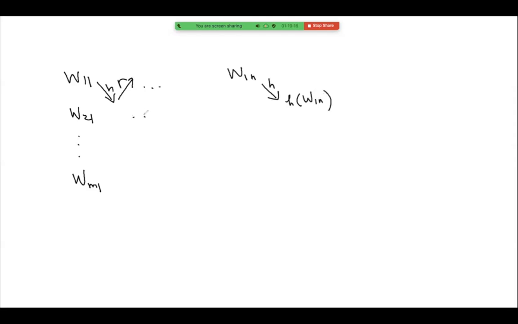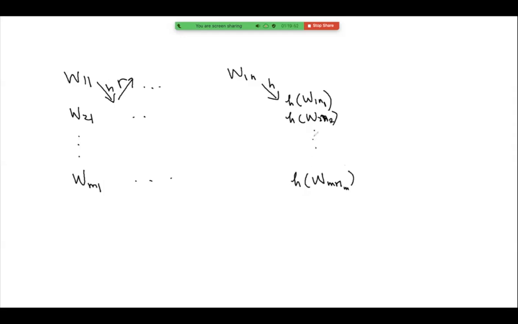So each of these is a chain. So this is H of WM. Their lengths may not be exactly the same. Let's put N1 here, N2 here, just to indicate their lengths. It doesn't have to be exactly the same, but it's easier to have the same size for each chain.